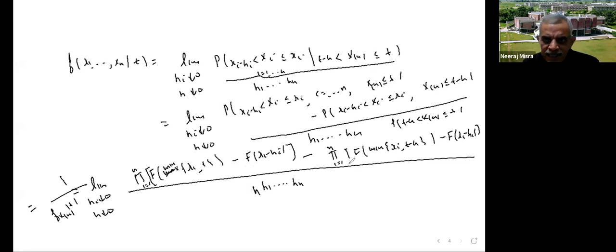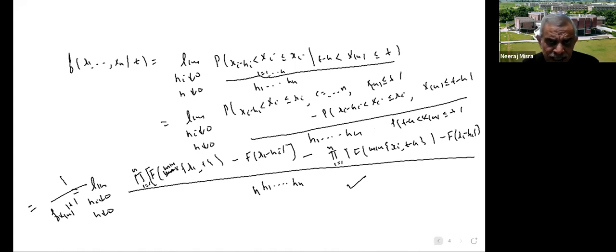Just try to play around with this, and what you would see is that if x1 is t, then it will be 1 by n. xi could be anything, and so on, if x1 is less than or equal. So try to find it out. I have just given you enough hints. Try to find it out, otherwise we may continue with this in tomorrow's tutorial, because I've finished almost half of the lecture on this.